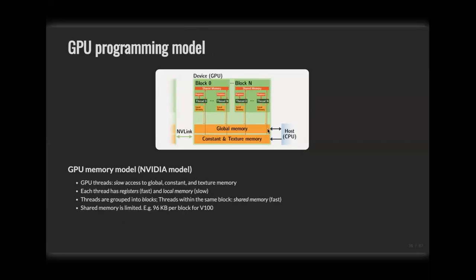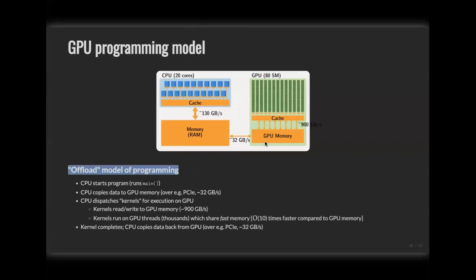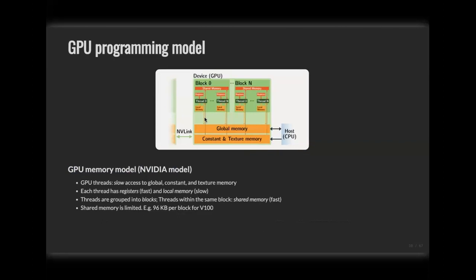that there is the so-called GPU memory. Now I'm zooming in to the GPU, and these are the GPU threads here. There are many of these processes that you can run on the GPU, and they can have two kinds of memory that they can look at.